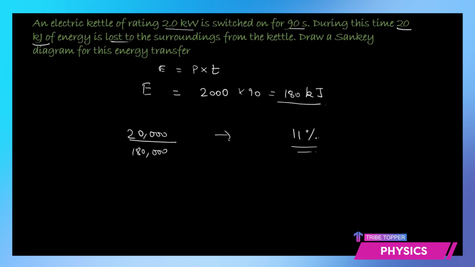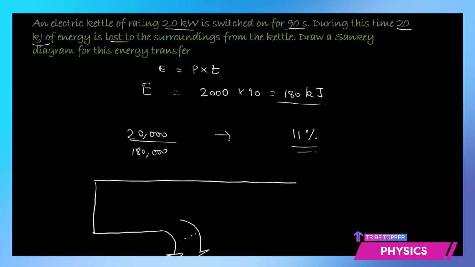So what we will do is we'll take one big, wide arrow indicating that this was the energy coming in. But here we'll take a little wider arrow indicating an 11% energy loss. So you just draw an arrow here.